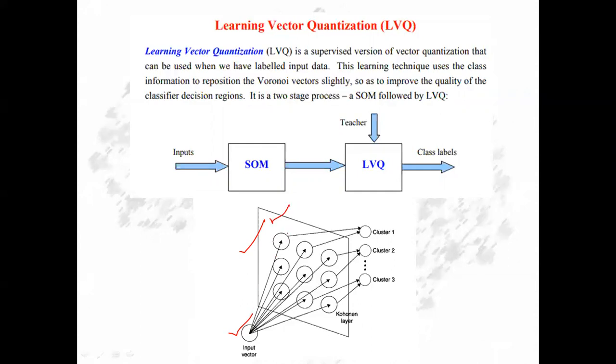Further, this finite space generated by the self-organizing map is grouped in the form of clusters or classes by using the vector quantization process. So these two terms, self-organizing map and vector quantization, lead to the learning vector quantization based neural network, which performs supervised classification in particular.